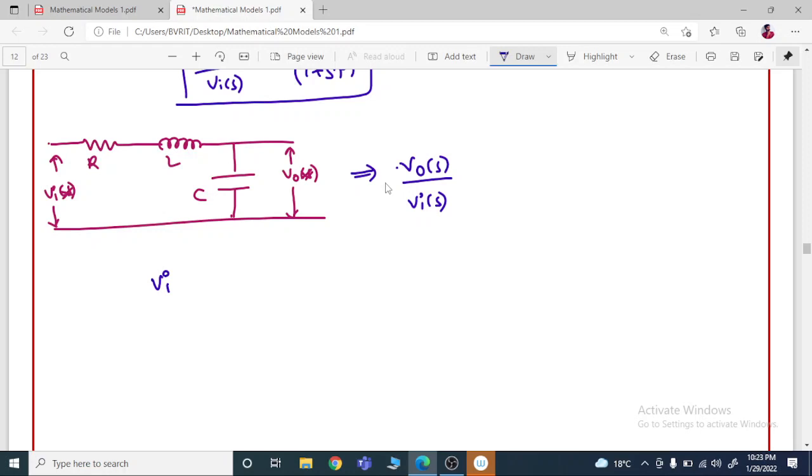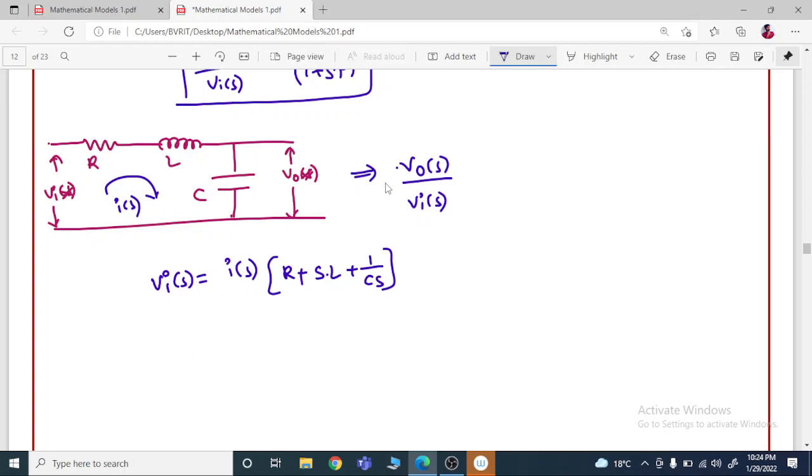Vi of S is equal to I of S, current flowing through this loop, into R plus S into L plus 1 by C into S.